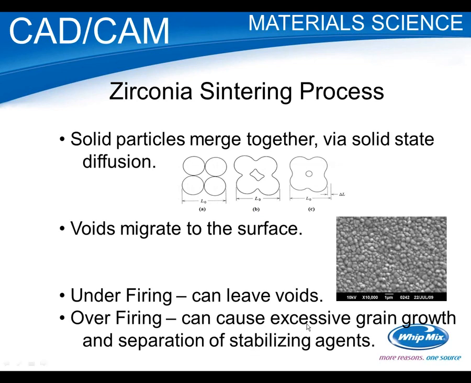When I say overfire, it's not just temperature, it's also time. Your manufacturer of that zirconia has specified a time and temperature that's ideal for that material, and you should follow that. The reason this has become an issue is we've had a number of folks that, because in porcelain, and I'm not a porcelain expert, sometimes if you overfire it a little bit, it'll help your translucency.